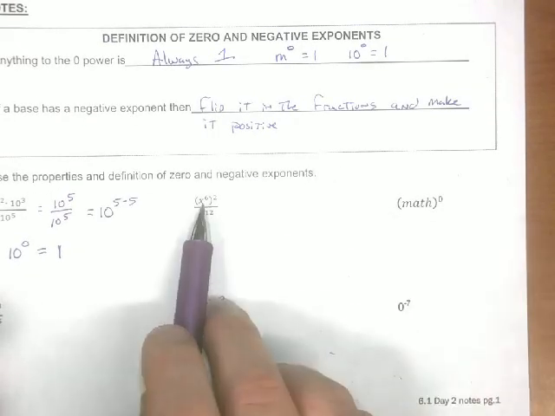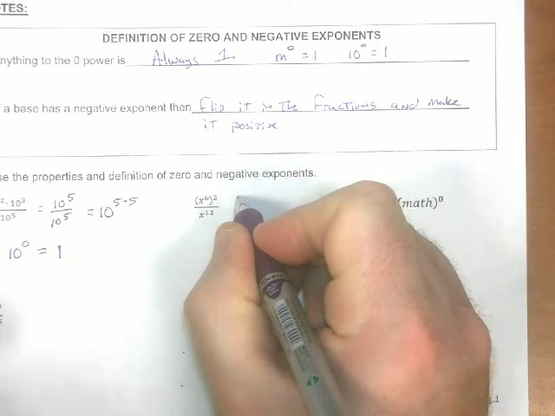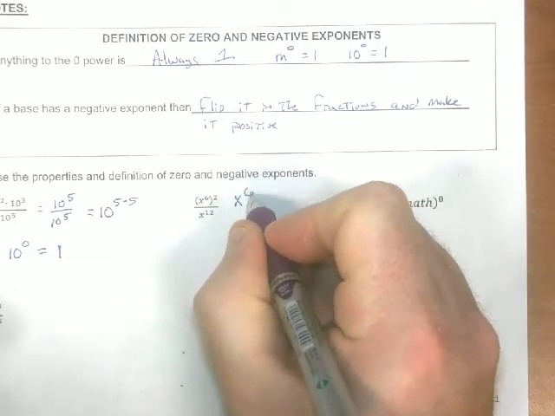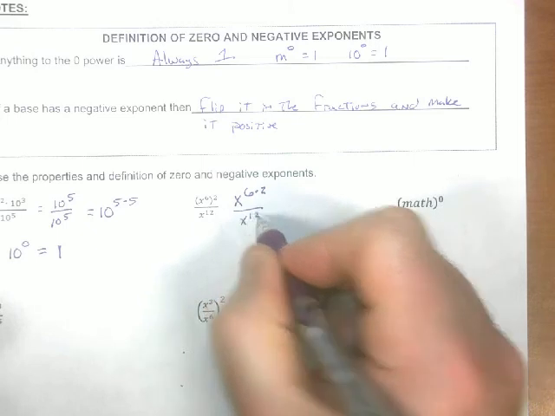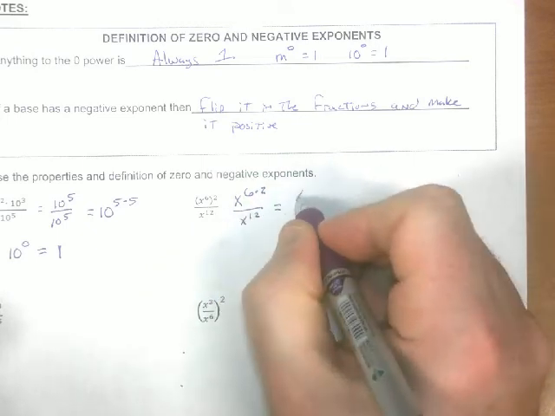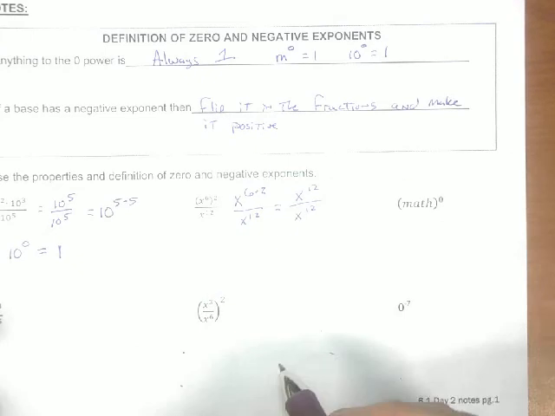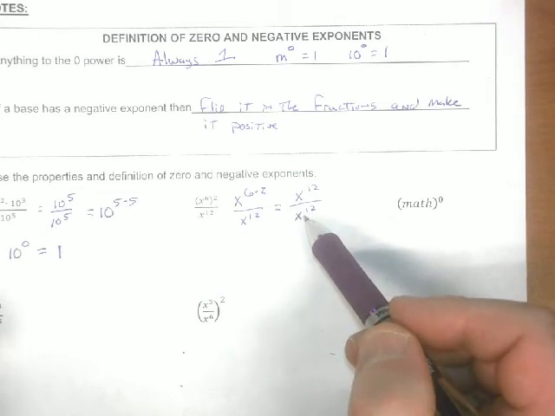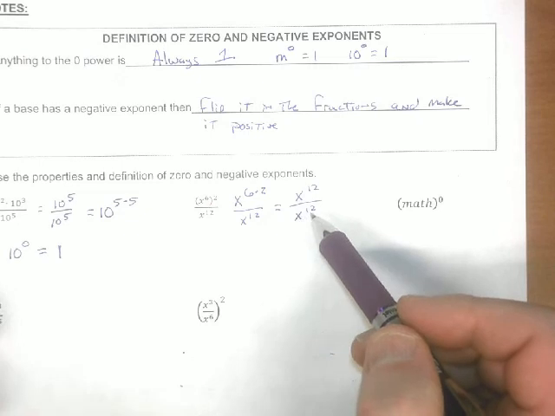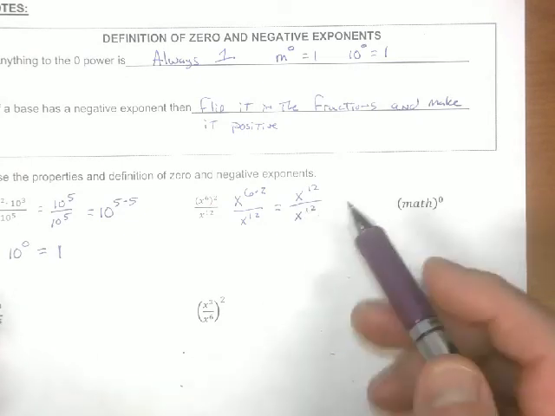Working on our second one here. Again, our rule, a power to a power, remember, that is multiplication. So that looks like this, 6x times 2, and that's all over x to the 12. Cleaning that up, we will have x to the 12 all over x to the 12. This is like saying 3 over 3. Well, what does 3 over 3 clean up to be? 3 over 3 is 1.